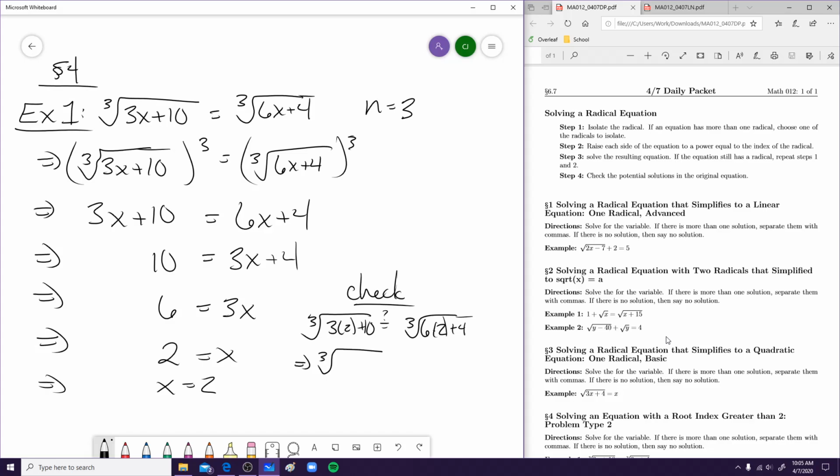So 3 times 2 is 6, 6 plus 10 is 16. And over here, 6 times 2 is 12, 12 plus 4 is 16.